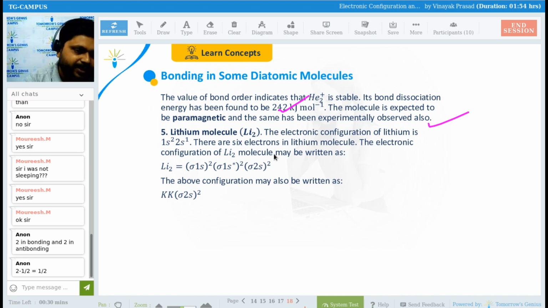Very good, Atachaya. Paramagnetic. Very good, Anil Dev. I hope you are understanding, guys. If you are understanding, then I am happy. If you are not, then I am not happy. Guys, if you concentrate on class, definitely you will understand. Atachaya, Kaniska, Anil Dev, Pranab, they are understanding every moment of it.